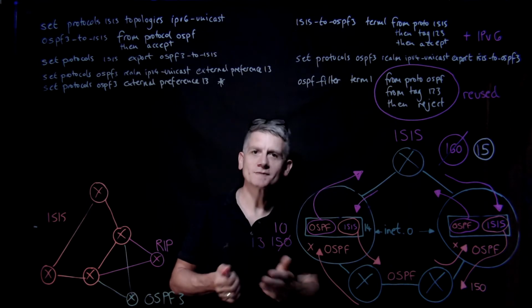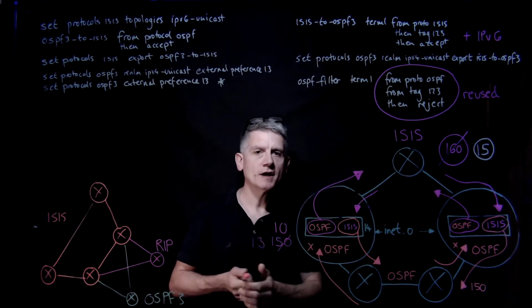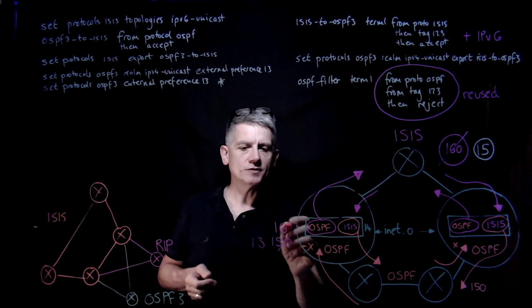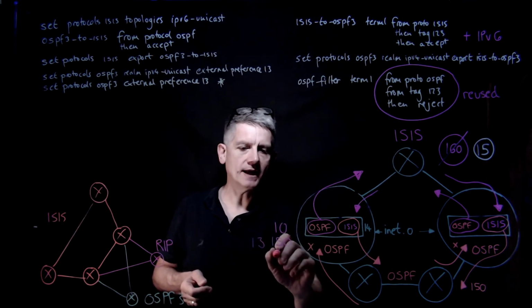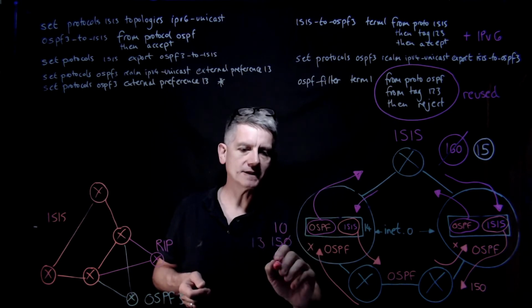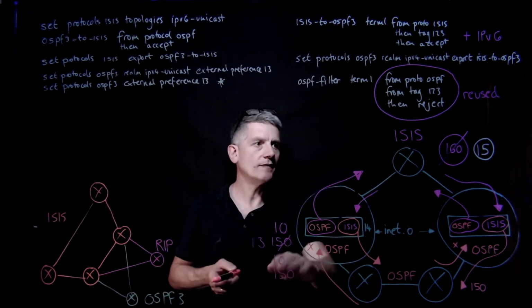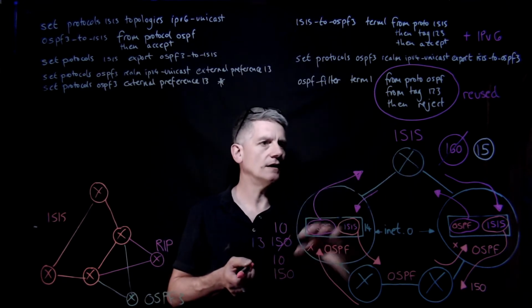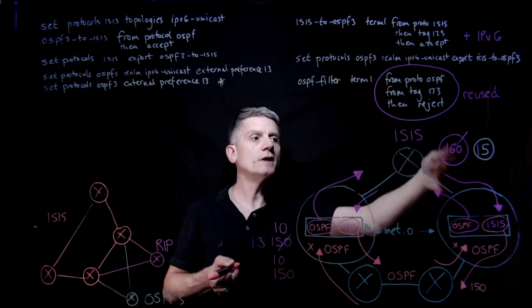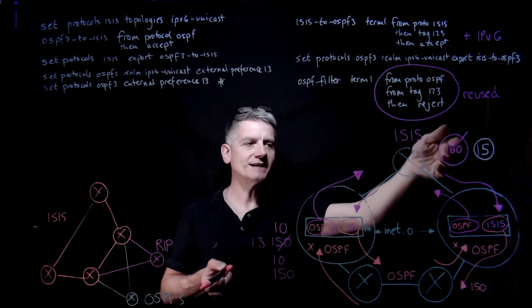Secondly, what about IP version 6? Well, IP version 6 again would be sitting in the table here at 10, and the externals would be sitting in the table at 150, as you would expect. When they go out to the ISIS, they will actually carry the 160 value.